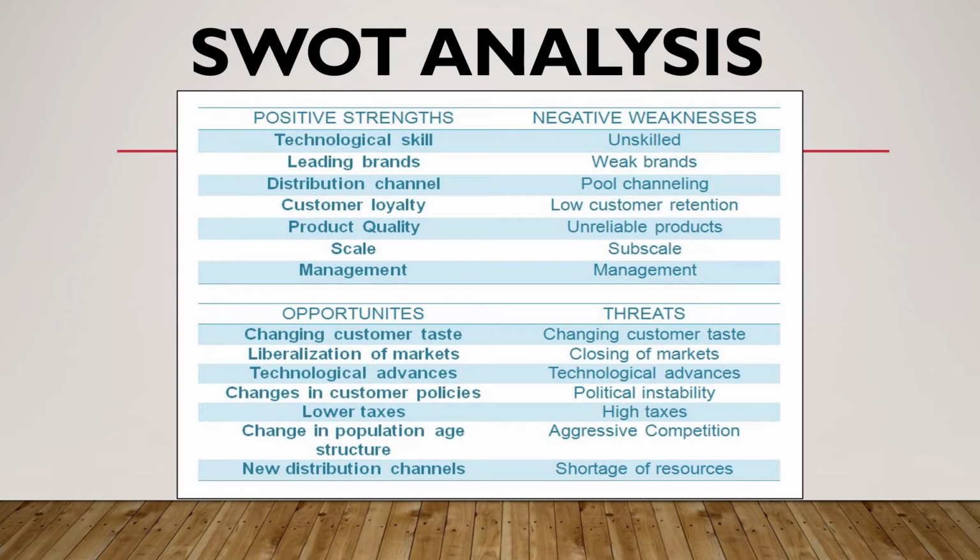So these are the negative weaknesses. The strengths and weaknesses are whatever is happening inside the organization. If it is positive, it is a strength for the organization. If it is negative, it is a disadvantage for the organization.